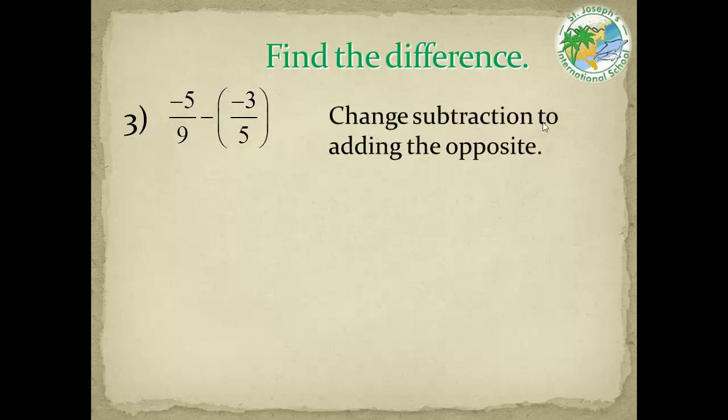Change the subtraction to adding the opposite. How? Negative negative will be positive. Then negative times negative is positive. Then negative 5 over 9 constant plus, negative negative equals positive 3 over 5.